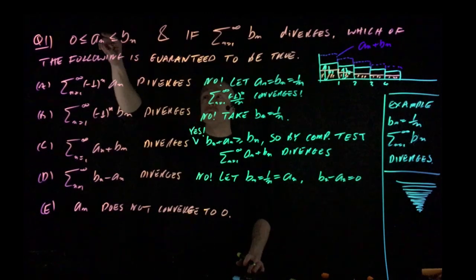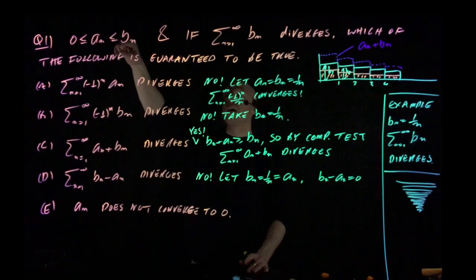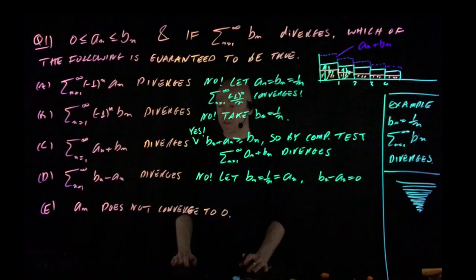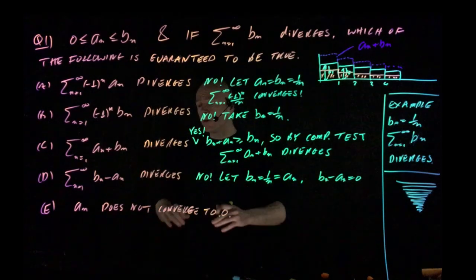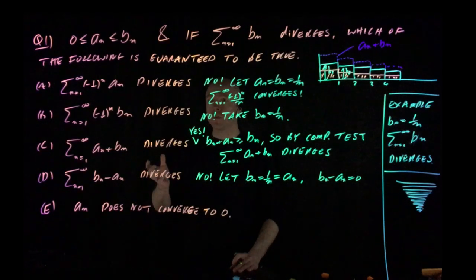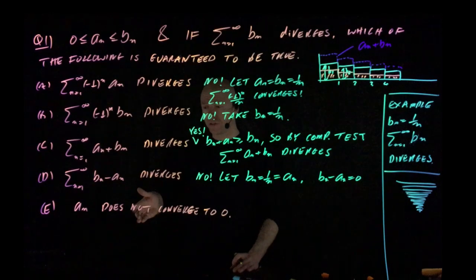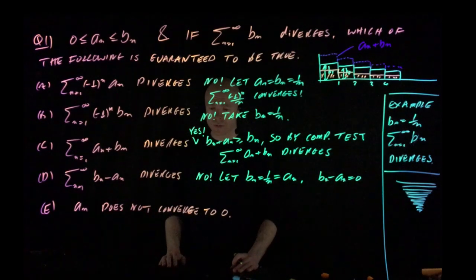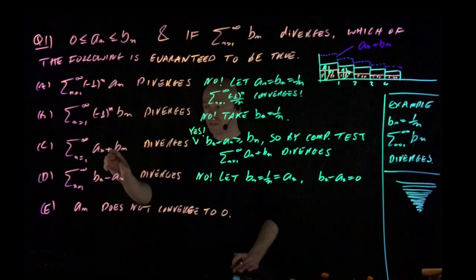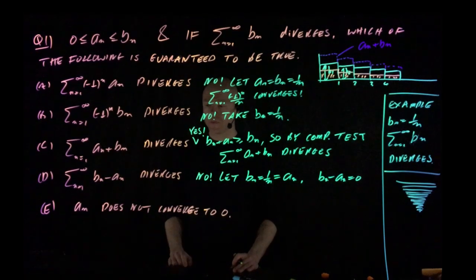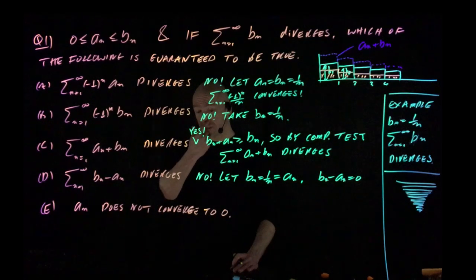So what do we know? We have that An is less than Bn and Bn diverges. And so we don't know anything about An from this. We could have something which is less than a divergent series, which is converging or diverging. We just don't know, so it doesn't have to imply this thing converges to 0. And even if we had An diverges, we could still have that An converges to 0.